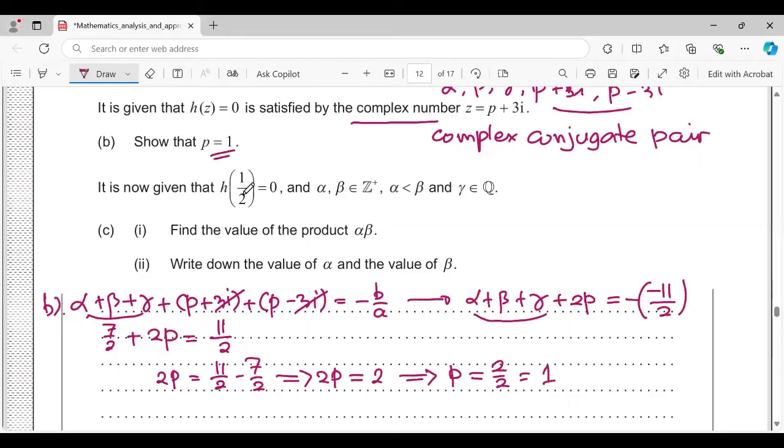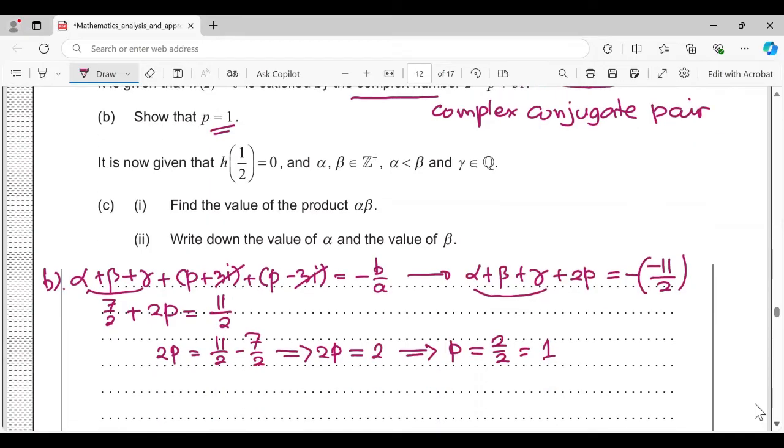It is now given that h(1/2) equals 0, that alpha and beta are positive integers with alpha less than beta, and that gamma is also a rational number.